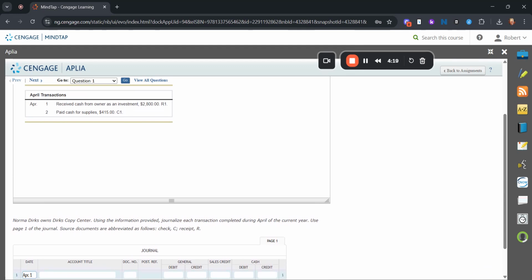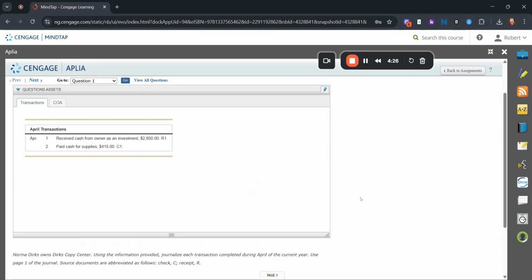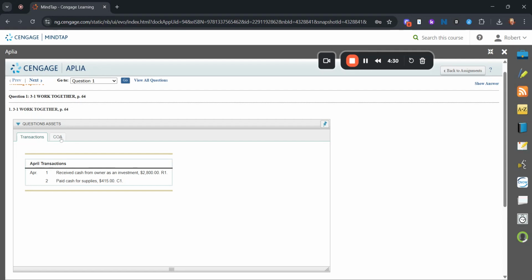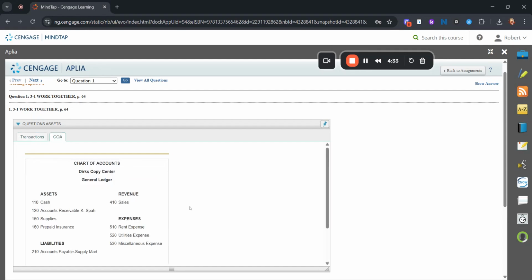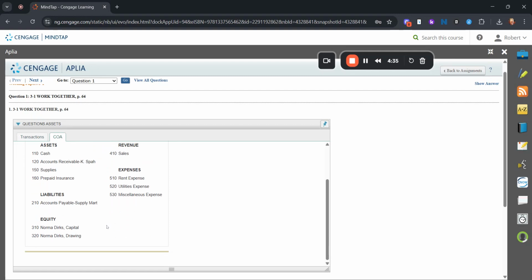So now we've received cash from the owner as an investment. So let's start with the owner. We'll click over to Chart of Accounts, COA. And if you remember from Chapter 2, the accounting equation, that increase in value of the company goes under the owner's capital account, under that umbrella of owner's equity.